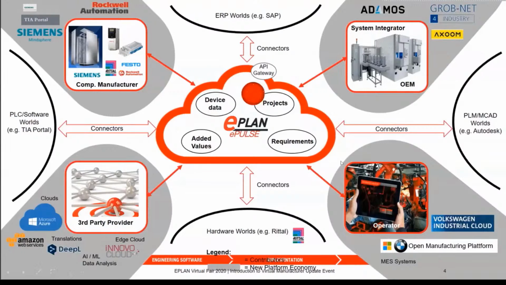On the lower right side, you see our aims to integrate bigger customers, including their environments, in terms of cloud. On the upper left side, you might see maybe yourself already, because this is the topic closely related to the ePlan Data Portal. We already have the possibility to integrate manufacturers' software into the EDP.